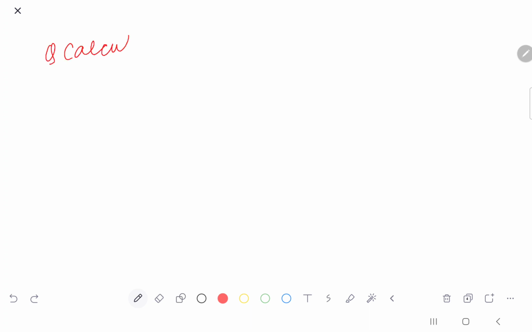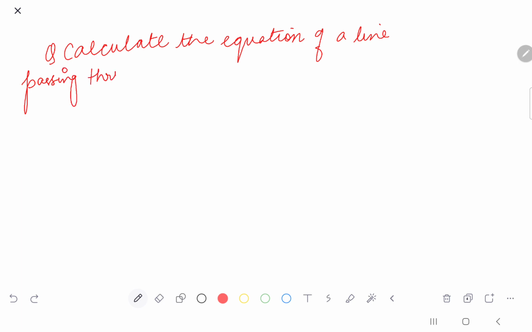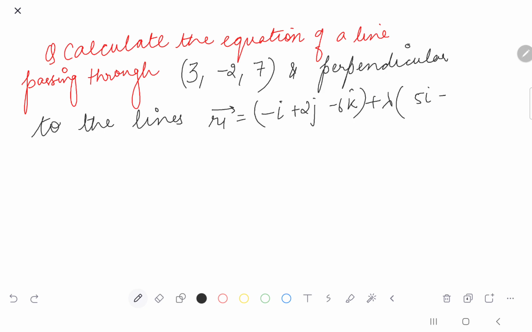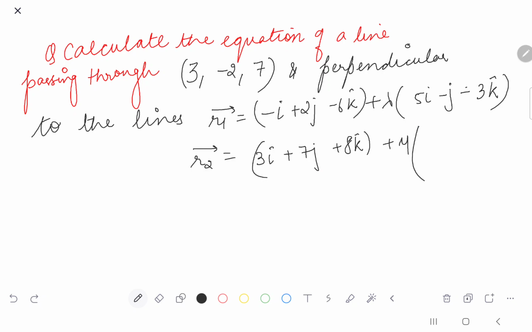It says calculate the equation of a line passing through 3 comma minus 2 comma 7 and perpendicular to the lines R1 equals minus I cap plus 2j cap minus 6k cap plus lambda times 5 I cap minus j cap plus 3k cap, and R2 vector shall be 3 I cap plus 7j cap plus 8k cap plus mu times 7 I cap plus 9j cap minus 10k cap. Do it.